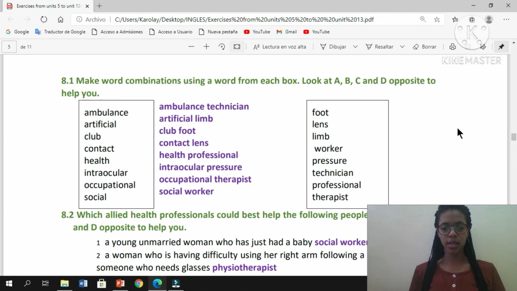Exercise Unit 8. Make word combinations using a word from each box. Look at A, B, C, and the example to help you.